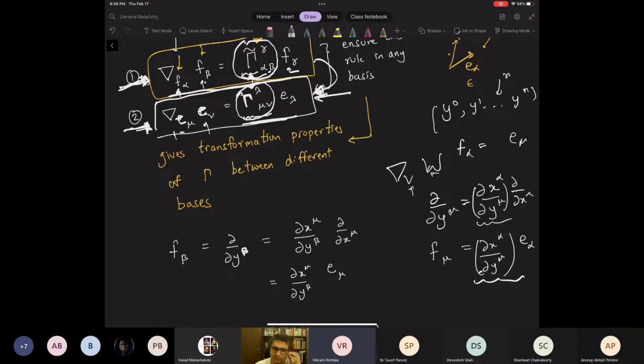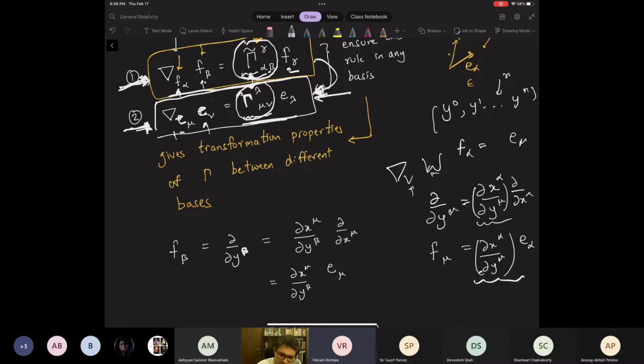So when you write the second one, e of v with respect to e of mu, we had seen a form for a vector acting on an affine connection. If you want to write it in that form in terms of coefficients, then e v has to be written in terms of e mu.